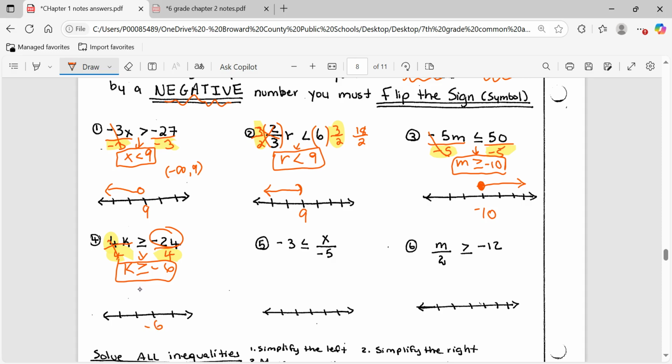If I have a parentheses or bracket, which one do you think we would have? Correct. We're going to have a bracket because this is greater than or equal to. And because k is greater than or equal to negative 6, my arrow is going to go to the right. Go ahead and pause and try 5 and 6 on your own.